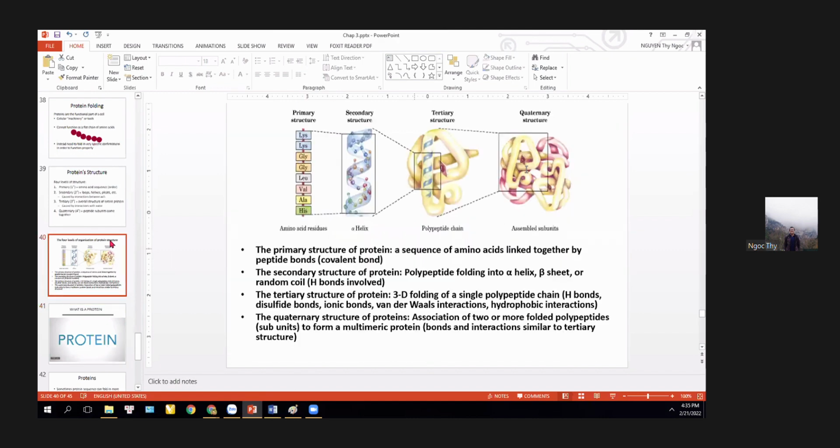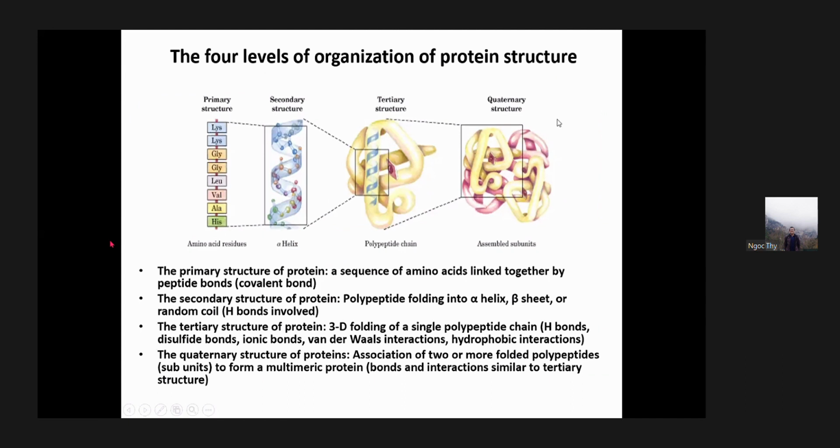Okay, so the different structure levels here. The primary structure is formed by the peptide link, which is a covalent link, and the covalent link is really stable to temperature. But the higher structures, the secondary structure and beyond, are formed by non-covalent links.